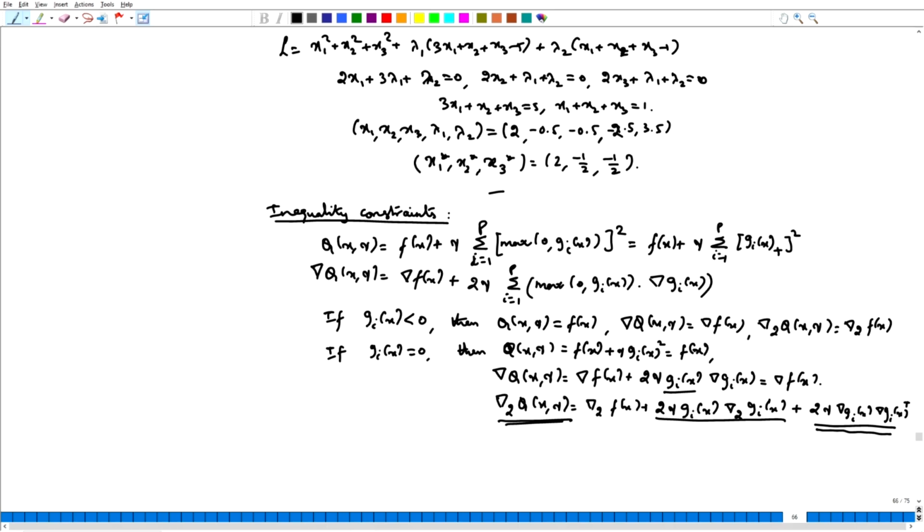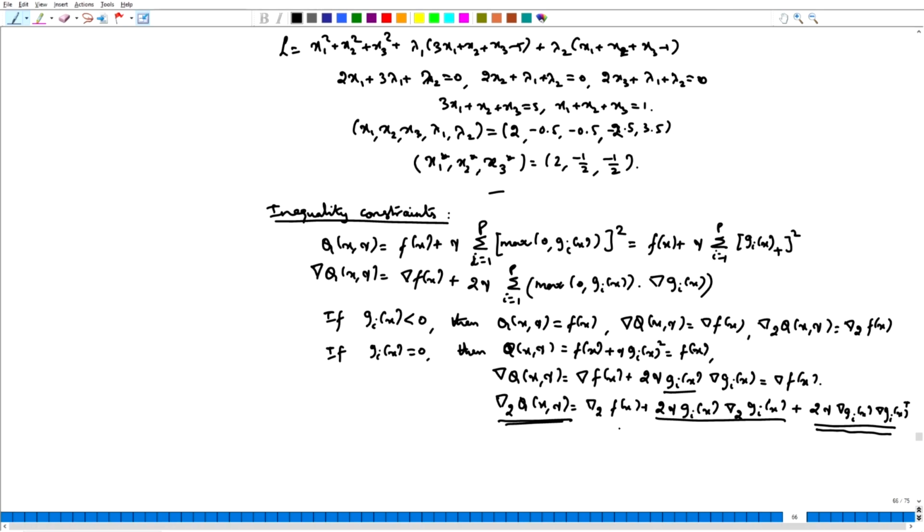When you take the second order derivative, you can see that when g of x equal to 0, the Hessian is different when you come from less than 0 to the one that you have when you come from greater than 0. So, the left hand limit and the right hand limit are not the same. So, this q is actually not twice differentiable.